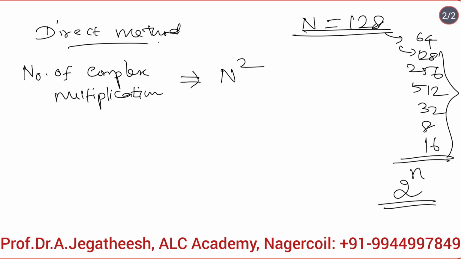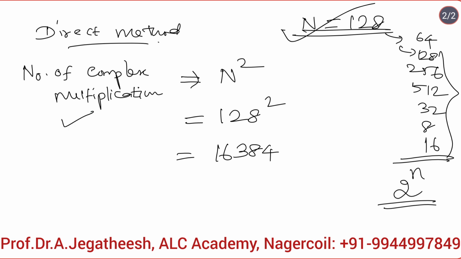Now we are considering N is equal to 128. So 128 square, if you use a calculator, will be 16,384. This is the number of complex multiplications using the direct method.